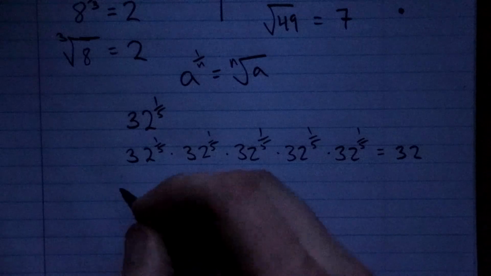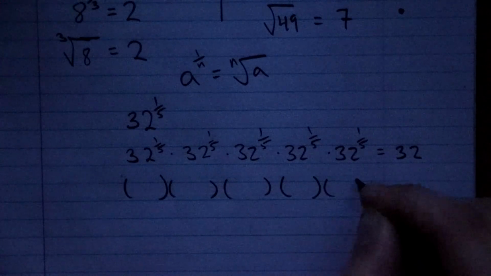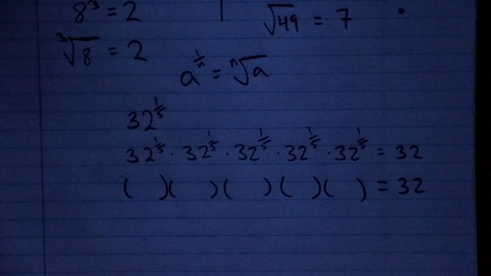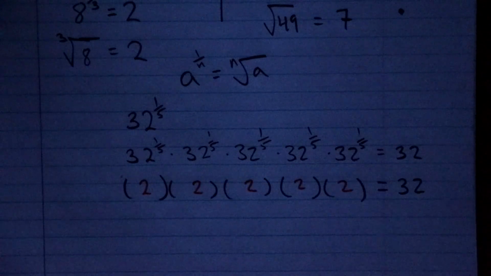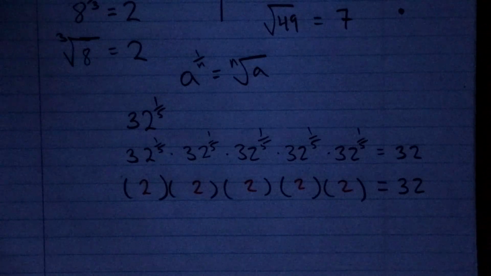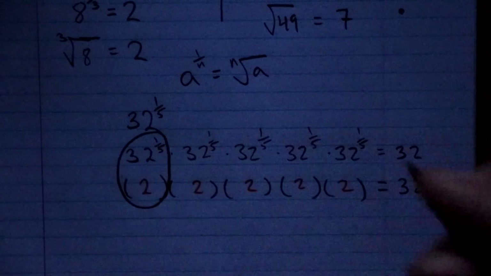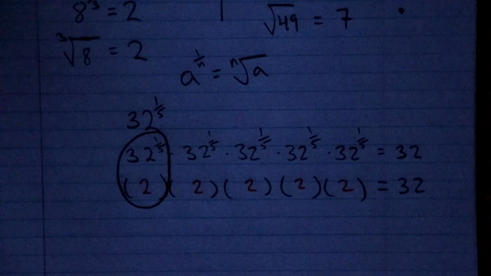So then we've got to think for a moment, what other number times itself that same amount of times is 32? And with a little bit of help, maybe a little bit of time, we could figure out that 32 to the 1/5 has to be equal to 2.